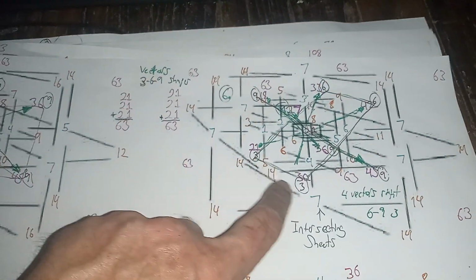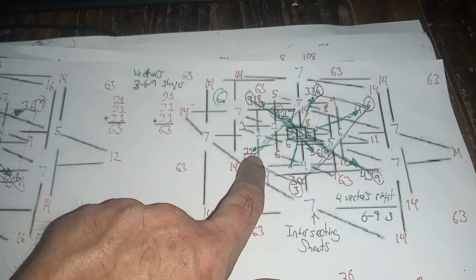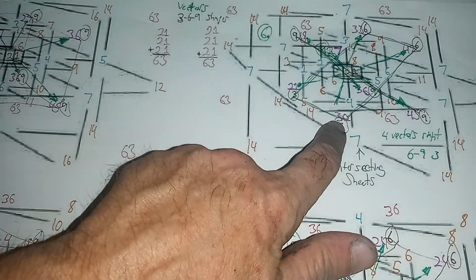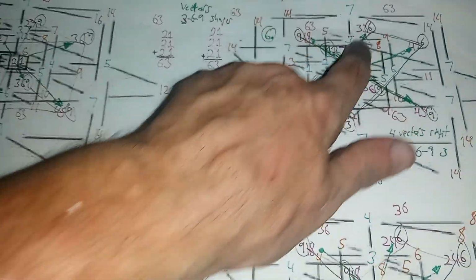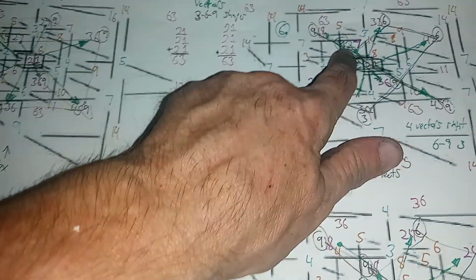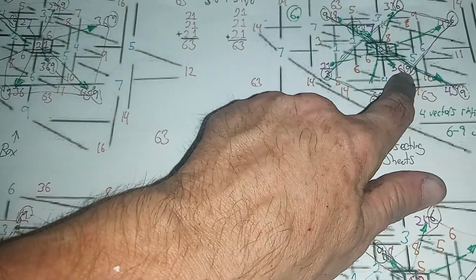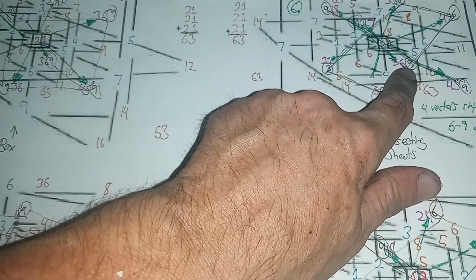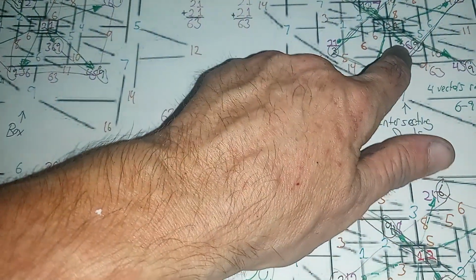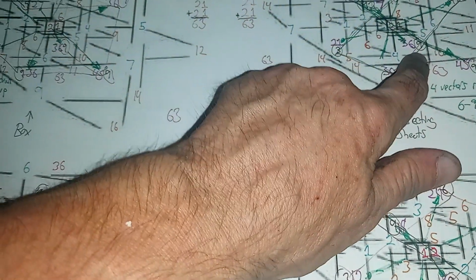That's 4 going to the right, 21 over here, and 42, 30 down here, and 33, 18 up here, and 45, and 9 right here. Well, 4 vectors to the right, 9 and 9.